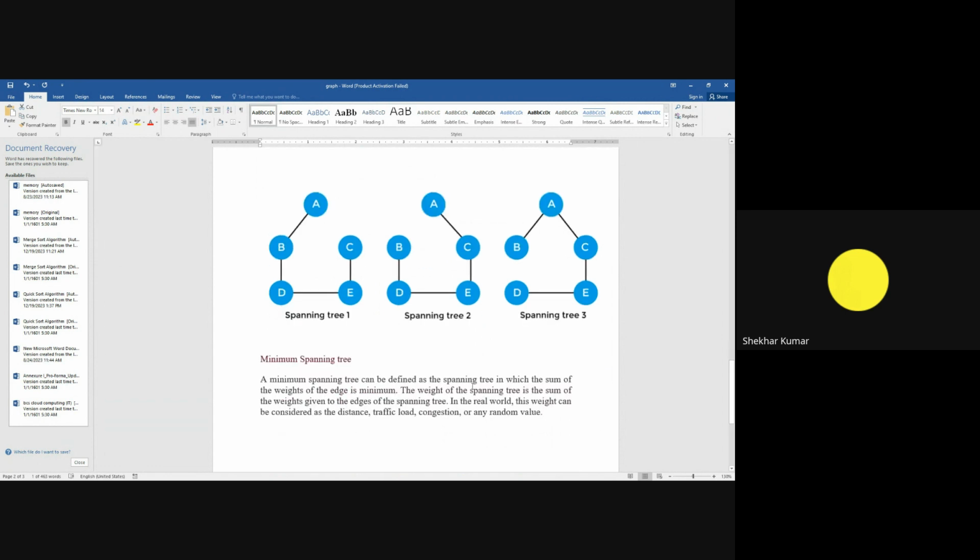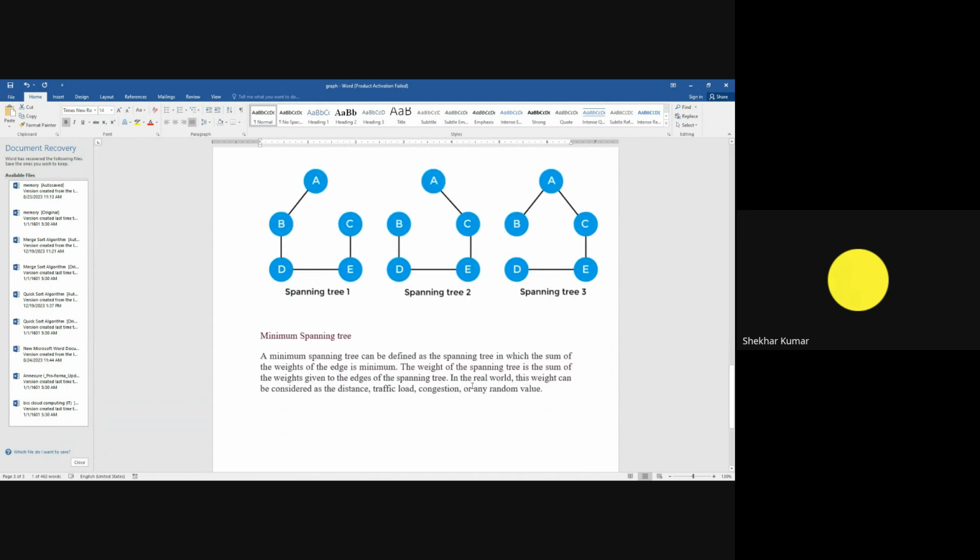Next is the minimum spanning tree, because in the algorithm we will find the minimum spanning tree. A minimum spanning tree is the one spanning tree in which the sum of all the weights associated with the edges is minimum.